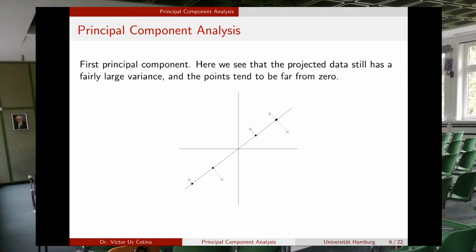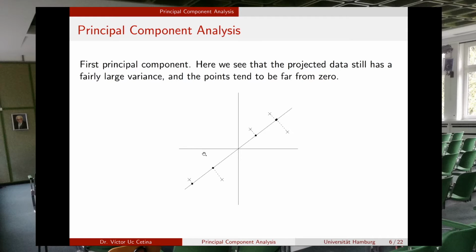So in our data set, if we compute the first component of the covariance matrix of the points, you will find this vector here. Okay, and if we project the 5 data points onto this vector, you will get these black circles.